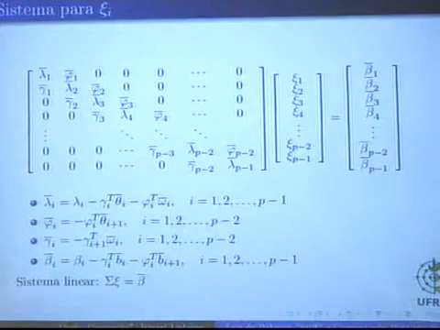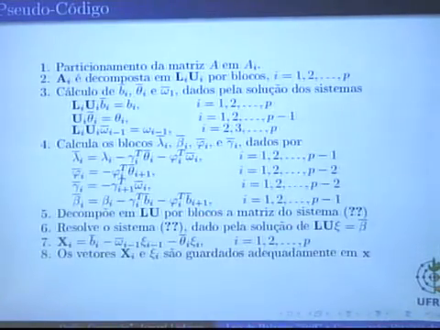It is also tridiagonal by blocks. The lambda 1, lambda 2, and so on, and phi 1, phi 2, are blocks of size k by k. One thing that is important is the following. I present the pseudocode.